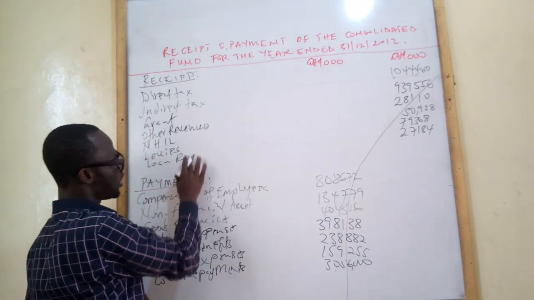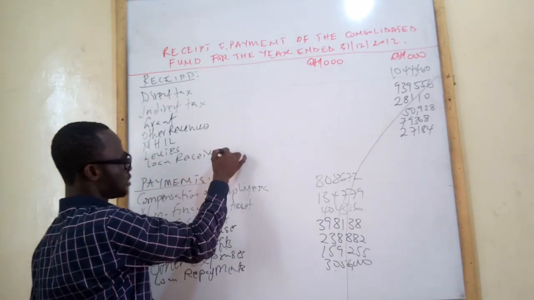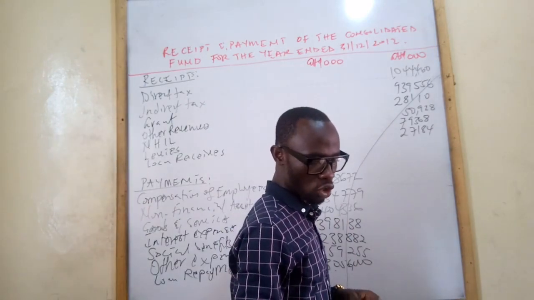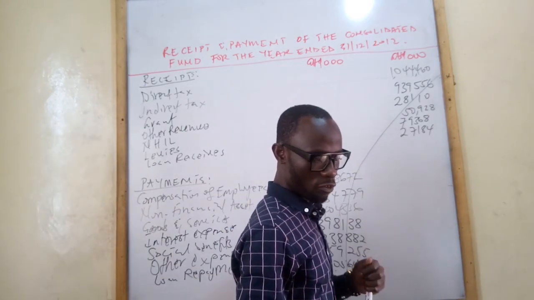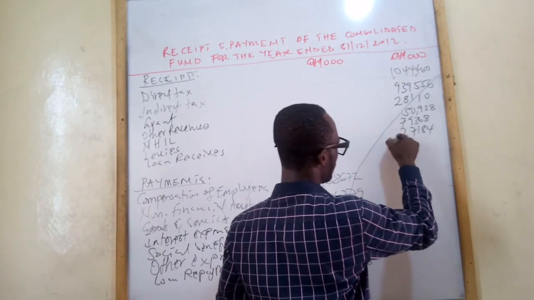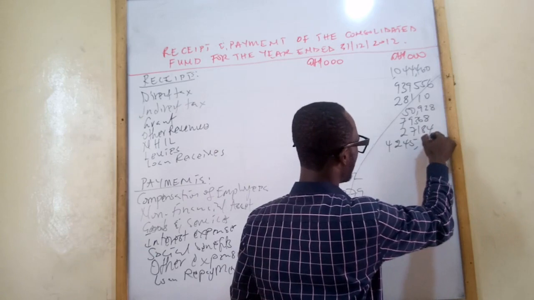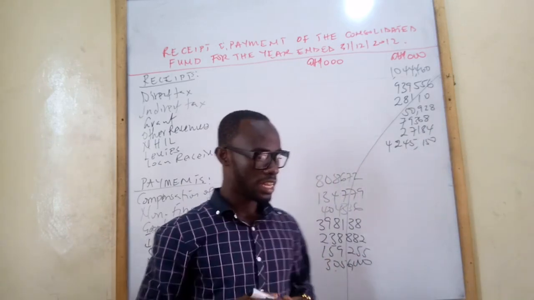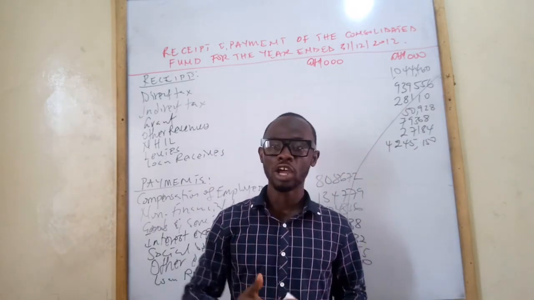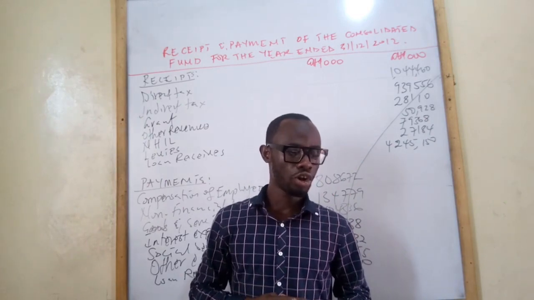My space is already shutting down. So loans received is 4,245,150. Then the next thing is loan recoveries. Loan recoveries.